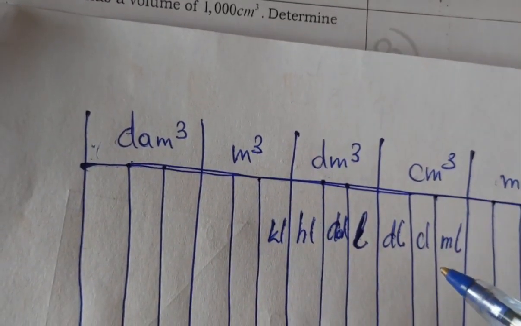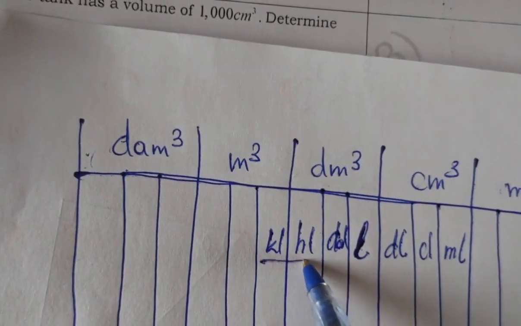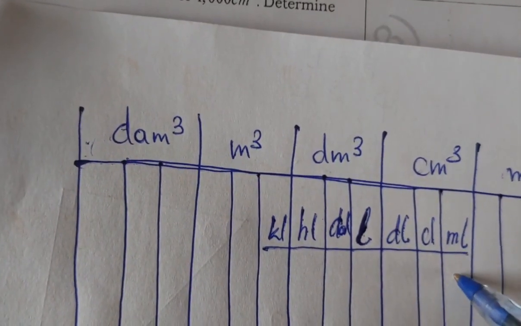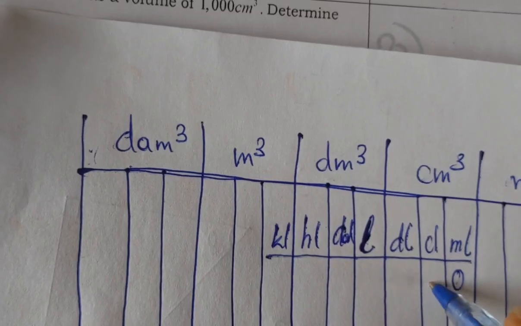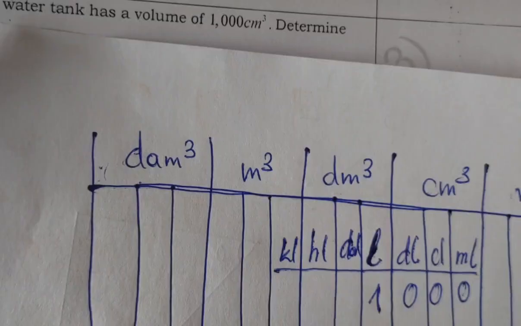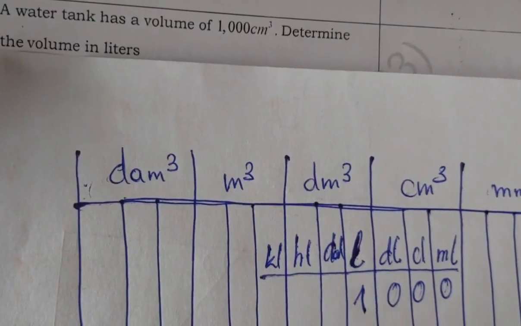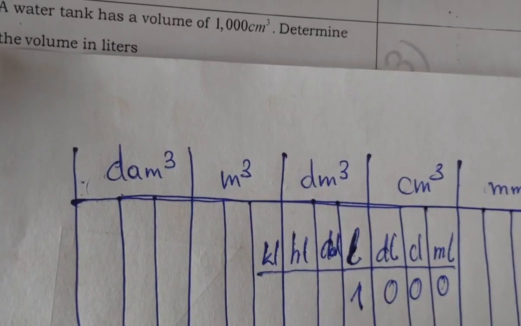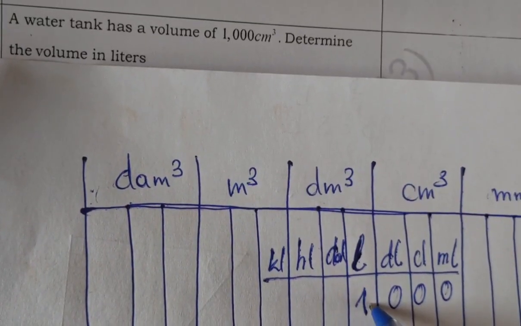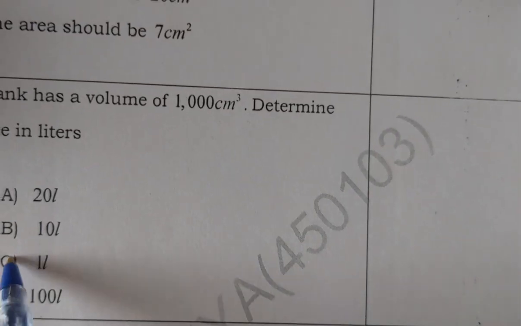And then here I have 1000 centimeters cubed, written with 0, 0, 0, 1000 centimeters cubed. And then they have asked us to find the volume in liters. To mean we are going to convert into liters, and the decimal point will be here. Then the correct choice here is choice number C.